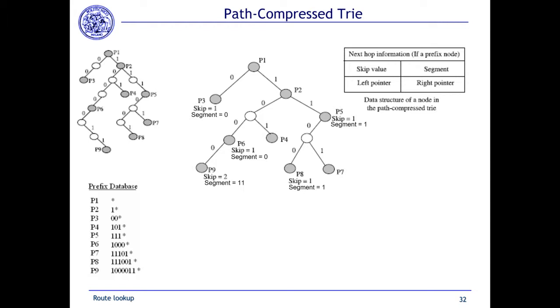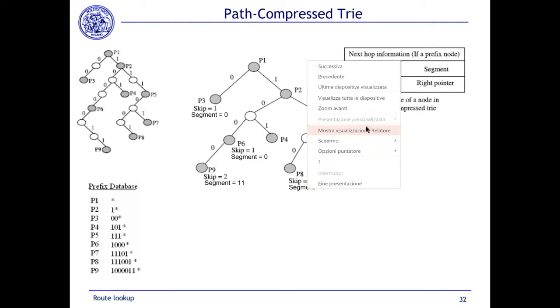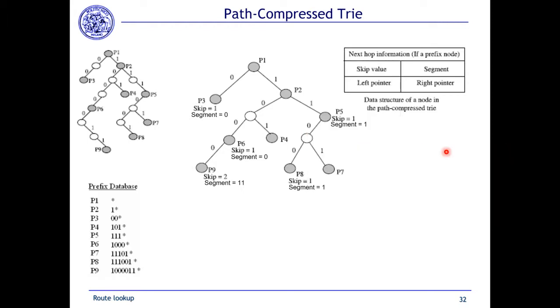For instance, if you look at the top of the binary trie on the left, there is already a chain. Let me see if I can show the pointer. So here you notice that there is a chain, a white node with a single child.